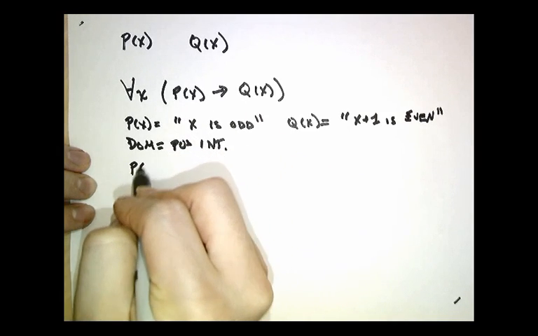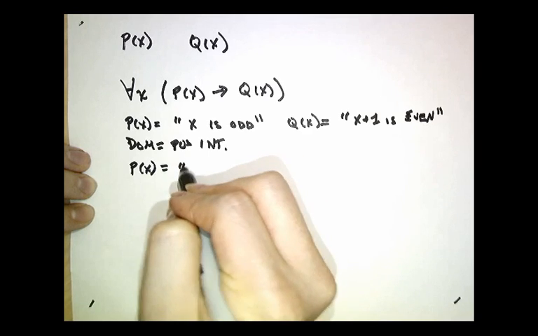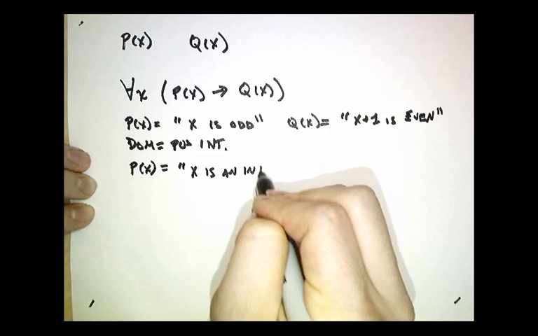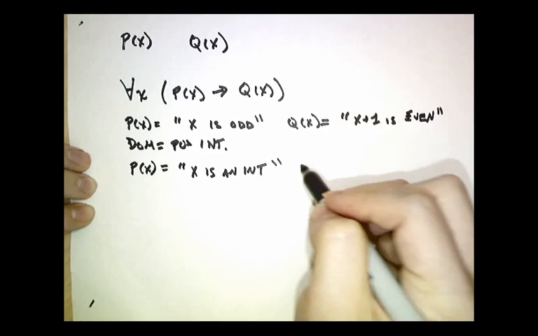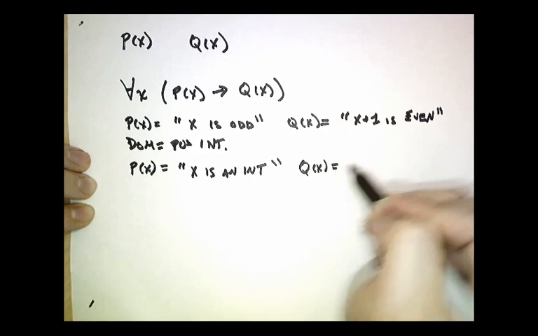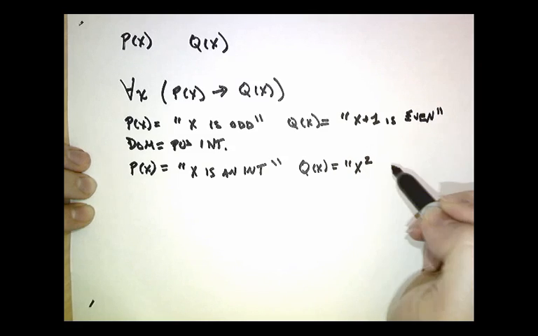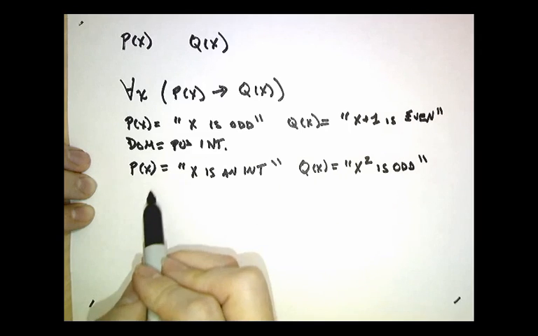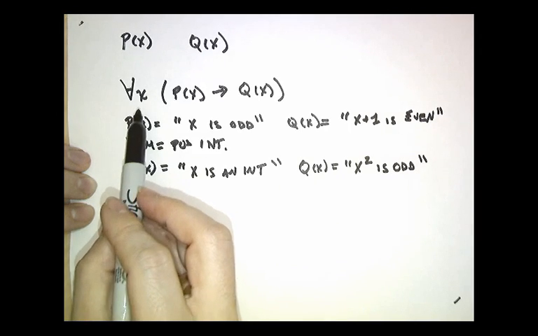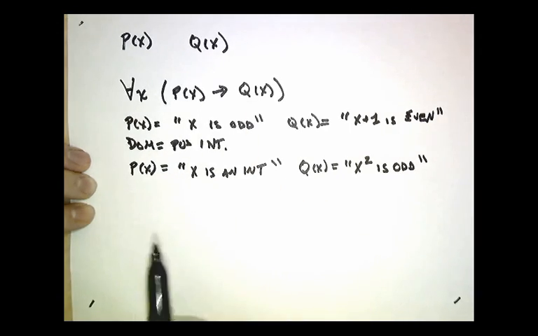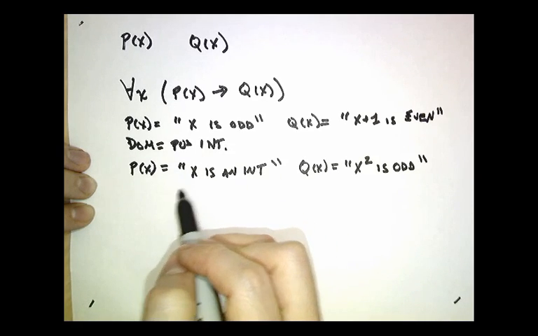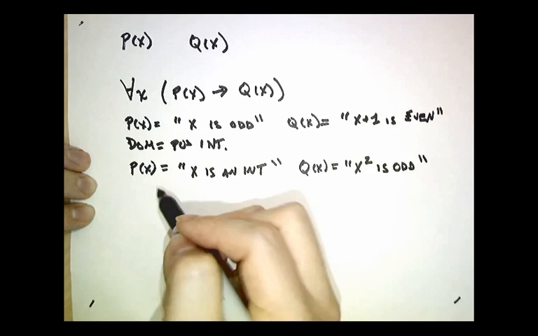Let's look at two other predicates. How about p of x is x is an integer, and q of x is x squared is odd. Okay, is it the case that for every x, p of x implies q of x? This is false. For example, take x to be 9.